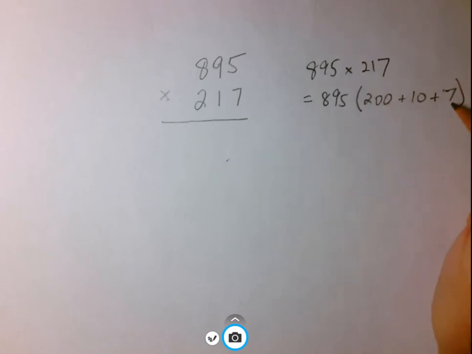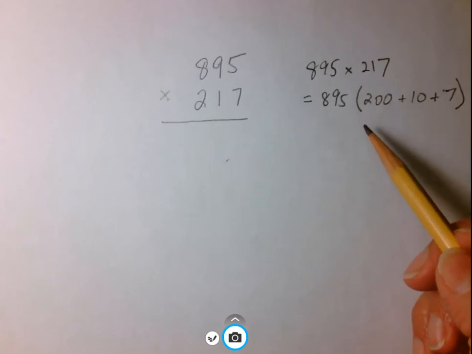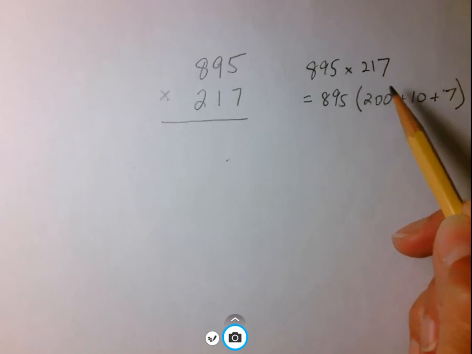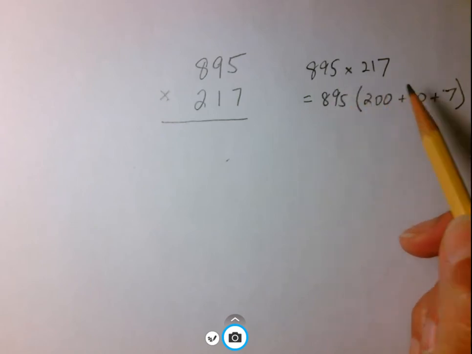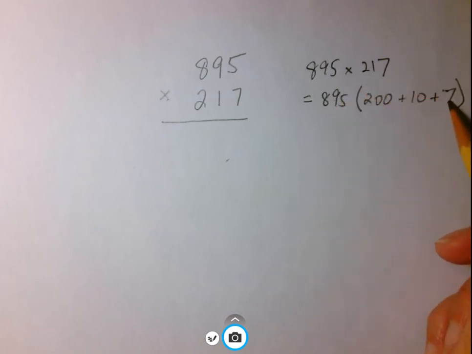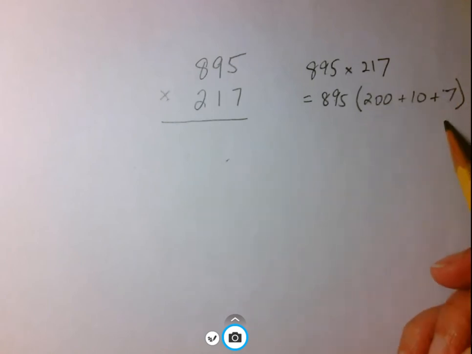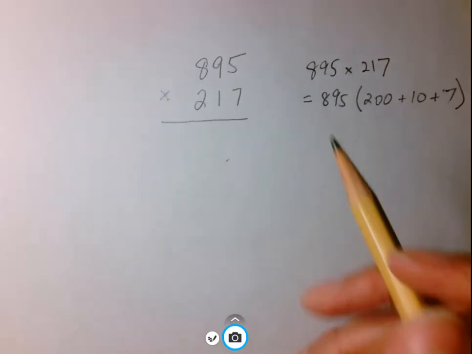This is 217, so this is really saying the same thing. And if you remember your distributive property, this is the same as 895 times 200 plus 895 times 10 plus 895 times 7. So the standard algorithm is doing exactly this, except it's doing it by lining up the numbers one under the other.